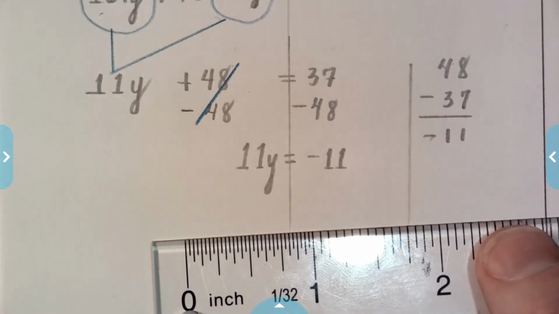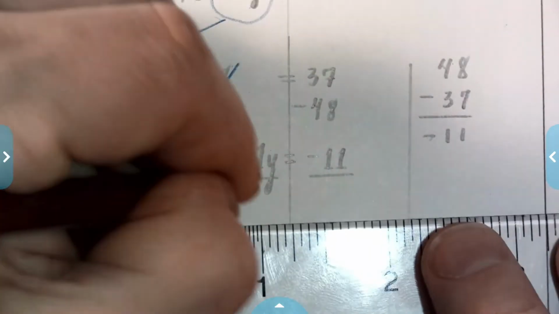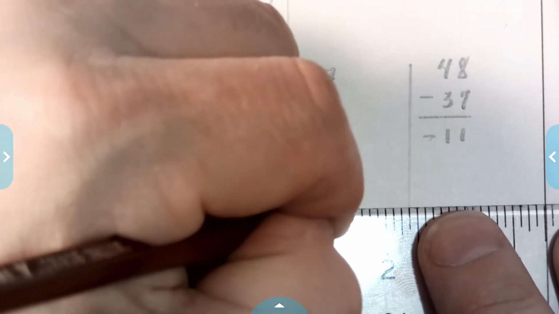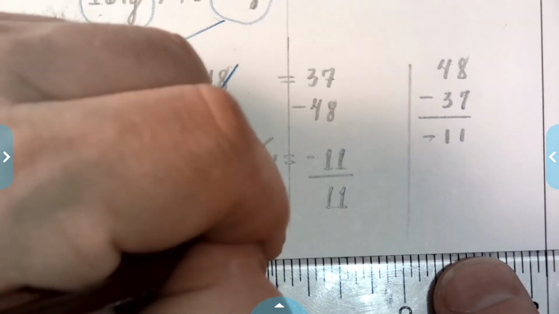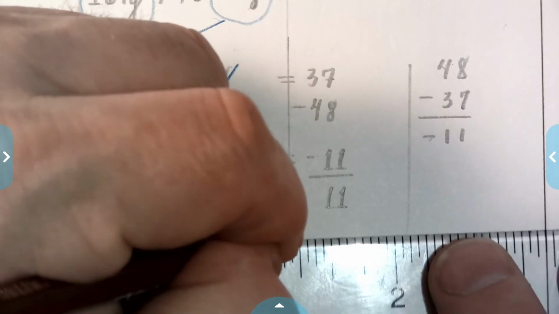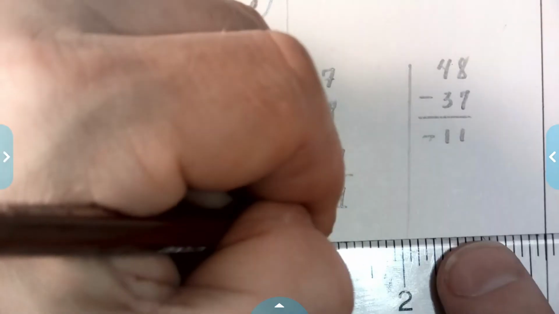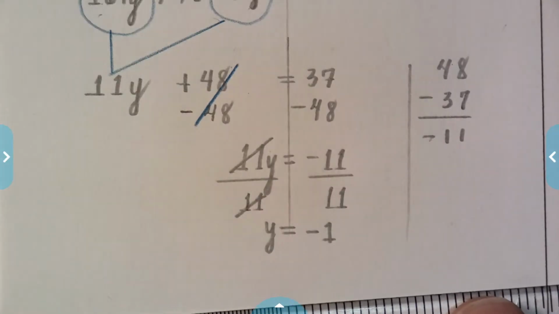Okay, so here we go again, right? We're just going to divide both sides by 11. And on the left, the 11's cancel, leaving y by itself. And then I have negative something divided by itself. So that'll be negative 1. So y is negative 1.